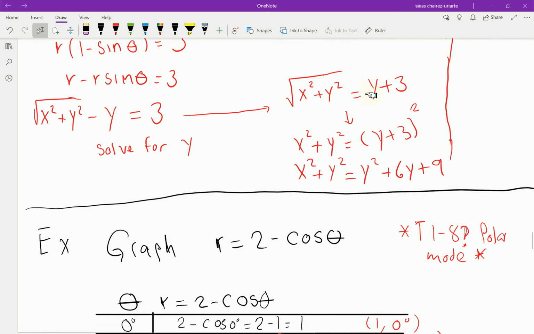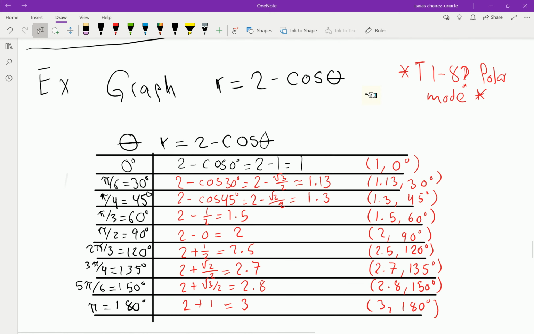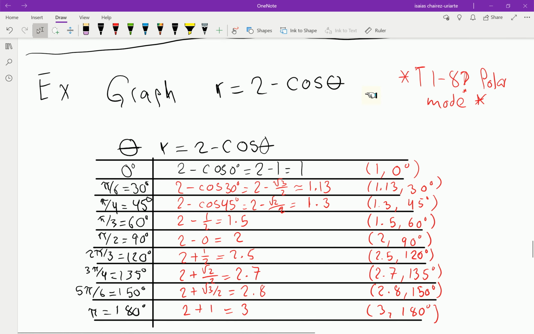Last thing in 8.7, let's graph some polar equations. And one thing I want to make you aware of is that your calculator, your TI-83, 84, whatever it might be, has what's called a polar mode.